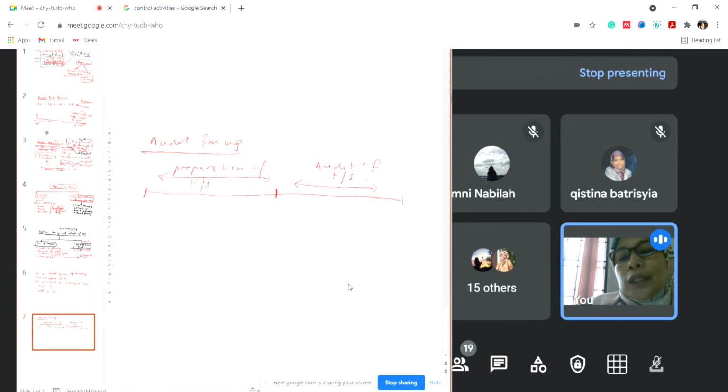So this is considered as interim audit. This is considered as final audit. So this is at the assertion level. This is at the financial statement level.